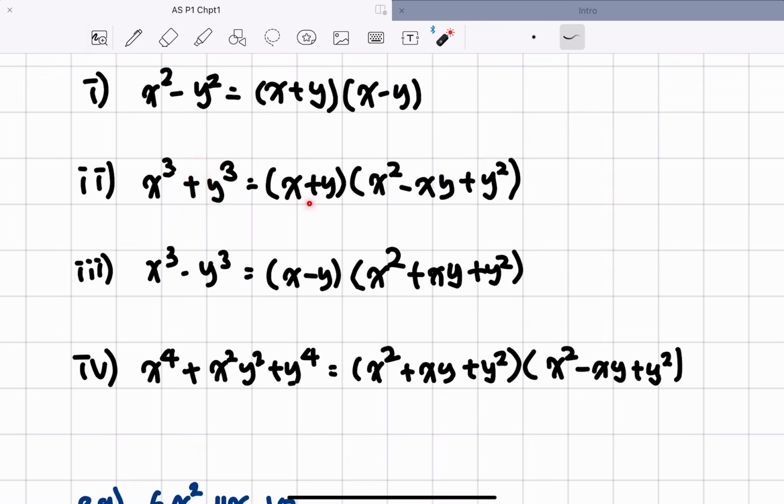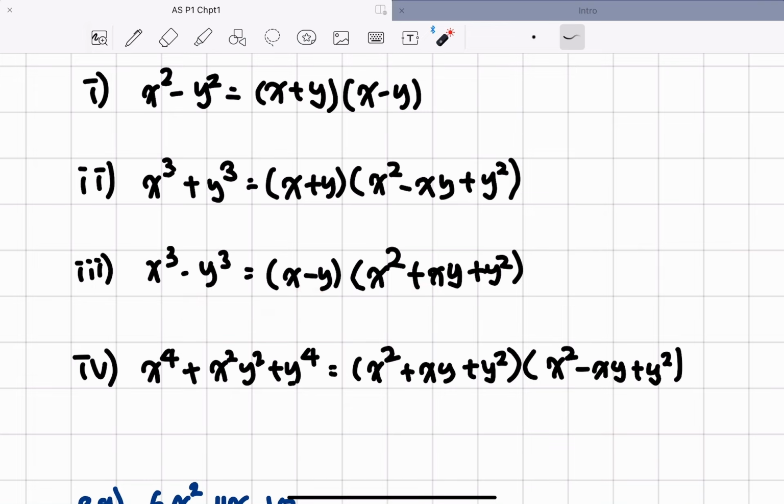So we just write down the same sign for the first one, which is x plus y, but we use the opposite one for this one. And it also applies to this formula. So it is minus, right? x cubed minus y cubed. So we take minus and we take plus for this one.